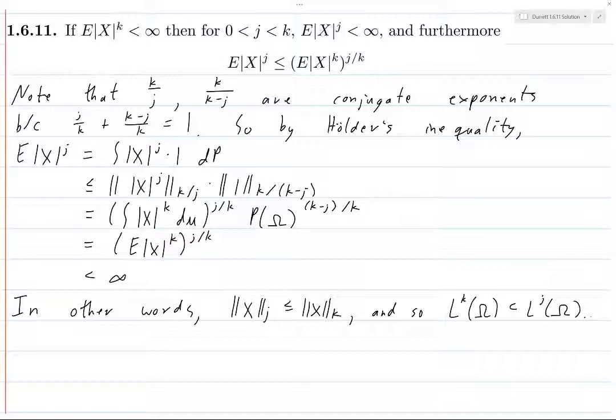So yeah, that's useful to know. Also, this is only true for probability spaces, because you need the measure of the space to be finite. If the measure of the space is infinite, then the inequality on the right here, this measure of the space raised to this power, will become infinite, and so we don't get an inequality. In fact, I'll have to go back and look.